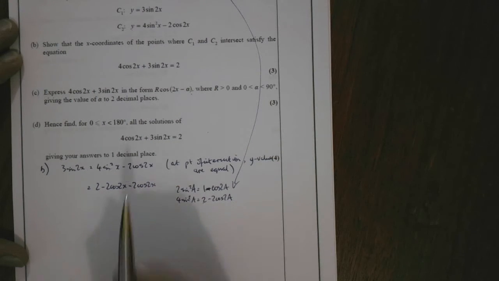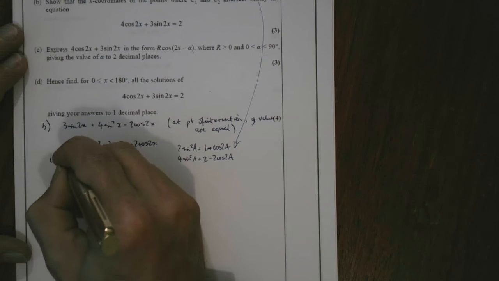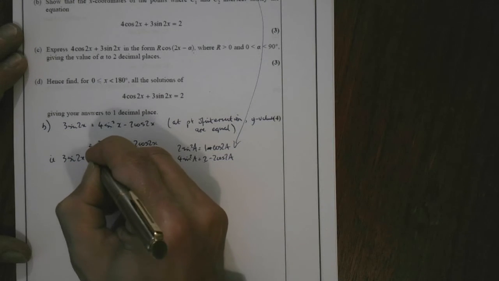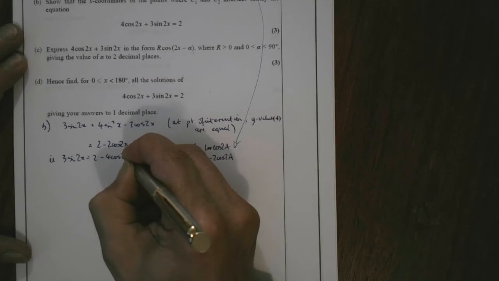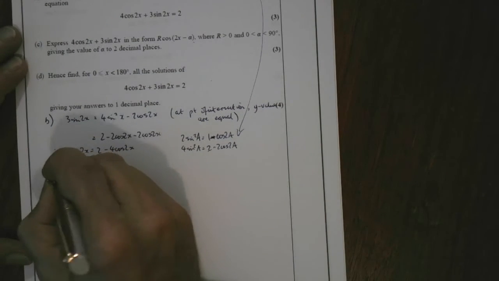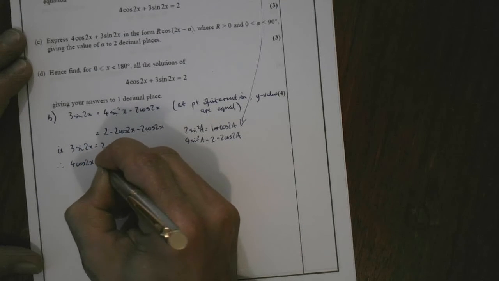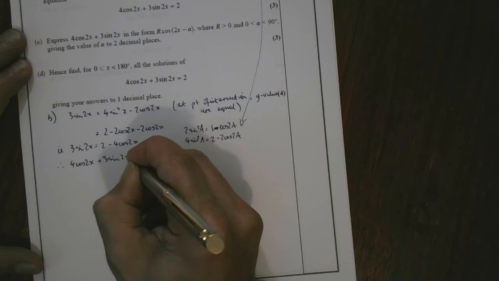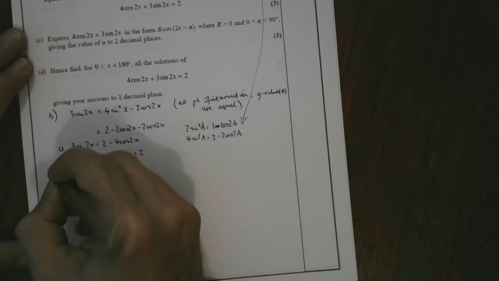Right, so we've got take away 4 cos 2x altogether. So we can write 3 sine 2x equals 2 take away 4 cos 2x, and then rearrange it. Therefore 4 cos 2x plus 3 sine 2x equals 2, and we're done. Oh look, that's what we wanted. That's why we wrote therefore.